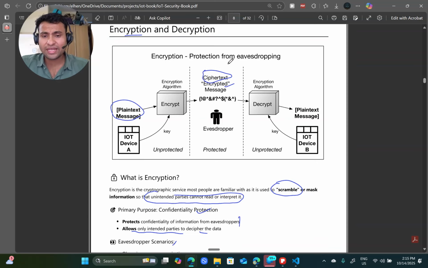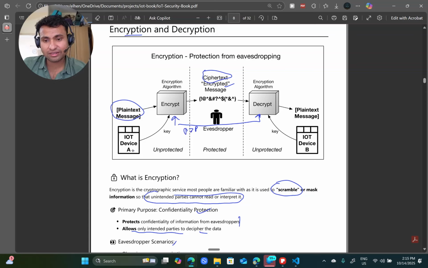Whenever any encryption is being designed over an IoT network, the system security engineer needs to do threat modeling: is the communication channel between these two points secure or insecure? This is known as point to point.